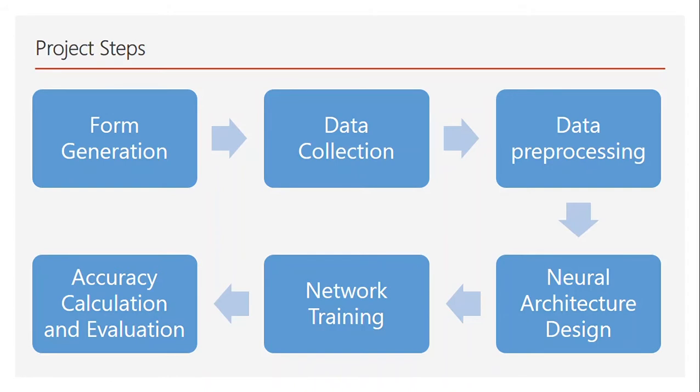After the data pre-processing, we designed a neural network adopted from the previous slide: ResNet, InceptionNet, XceptionNet, MobileNet and VGGNet. After editing that neural net design, we trained our model, and after training, we calculated the accuracy with different methods, and we made some evaluation techniques to judge our model.